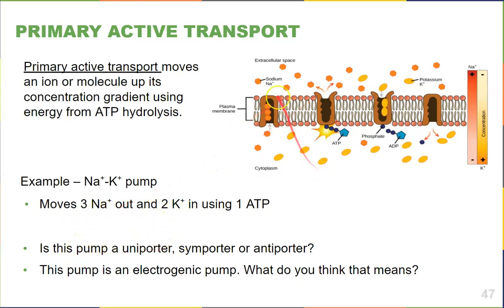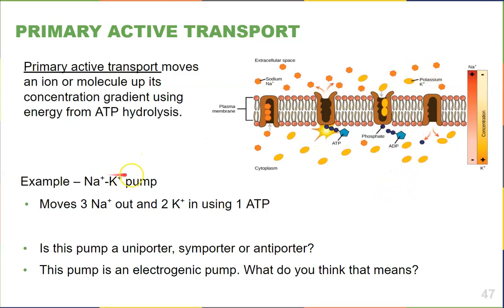So if we're moving 3 sodium out and then 2 potassium in, what type of porter system, what type of carrier protein are we talking about here? Well, it would be an antiporter because we have different molecules going in different directions. So this actually is an electrogenic pump. So what do you think that means? Well, it's going to create a different charge.